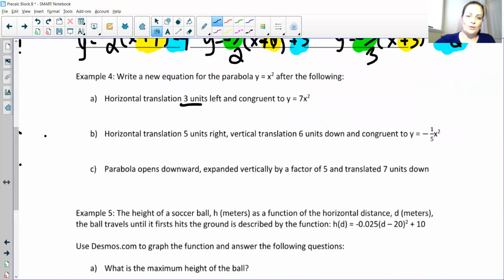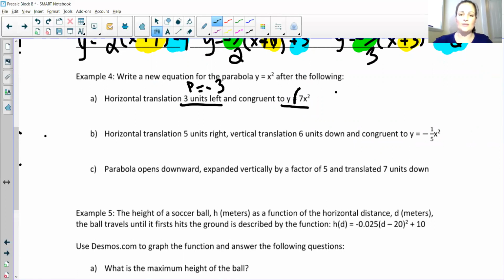All right, so 3 units to the left means that p equals -3. And it's congruent to this, which means it's the same shape, so it's compressed or expanded by the same factor of 7. It's horizontally compressed, so we're going to write the same thing.